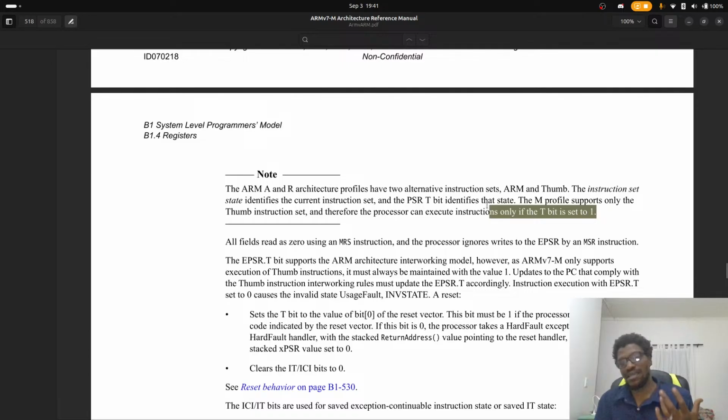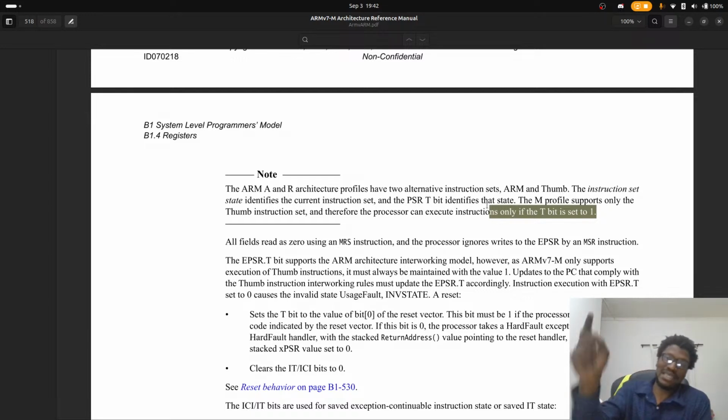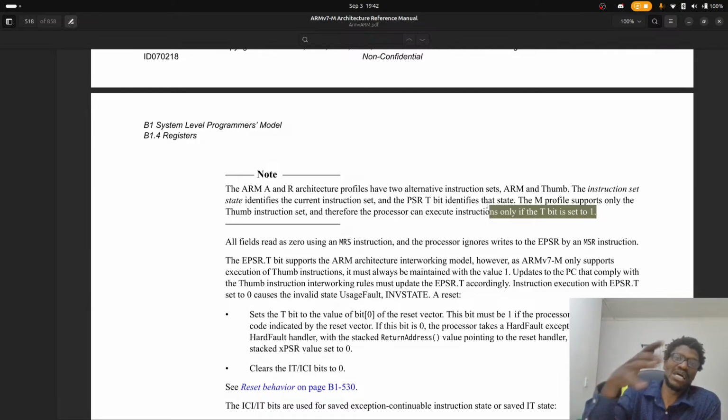What is this saying? In that register, if that bit is not set to 1, then this processor is not allowed to execute that instruction set. That's a rule from ARM themselves. Okay? All fields are read as 0 during an MRS instruction, and the processor ignores writes to the EPSR by an MSR instruction.